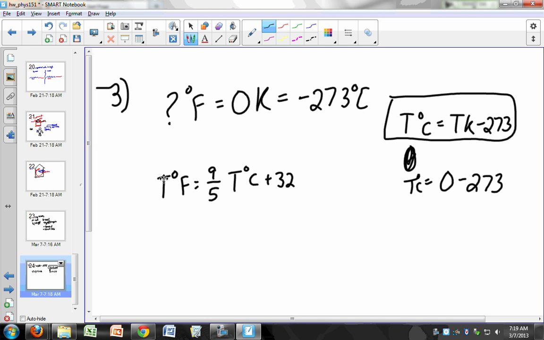Now I want to convert that into degrees Fahrenheit. So it's 9/5 times negative 273 degrees Celsius plus 32.